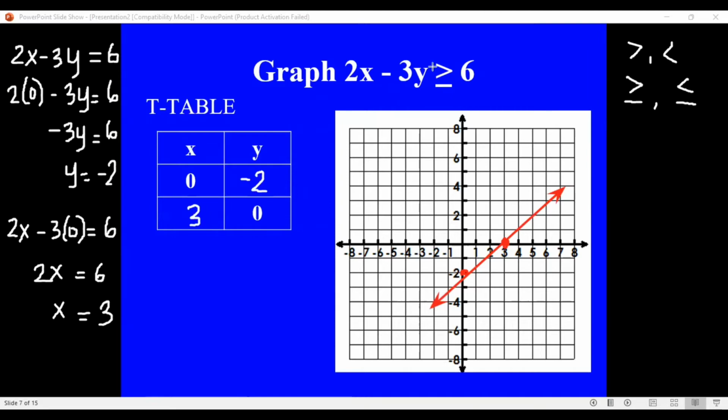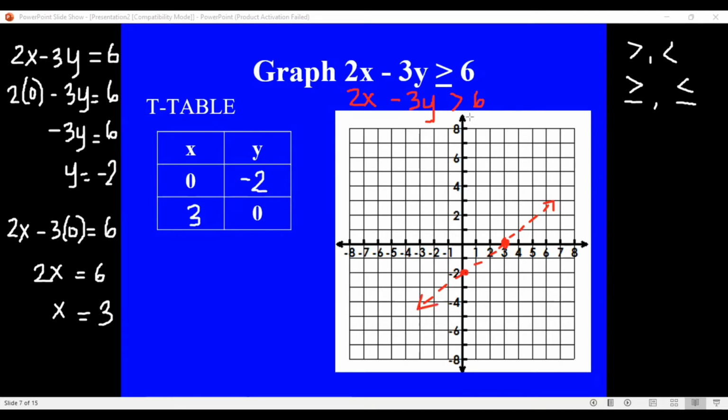Suppose the inequality is simply 2x minus 3y is greater than 6. Since the equal to is not a part of your solution, we will have to create a broken line.